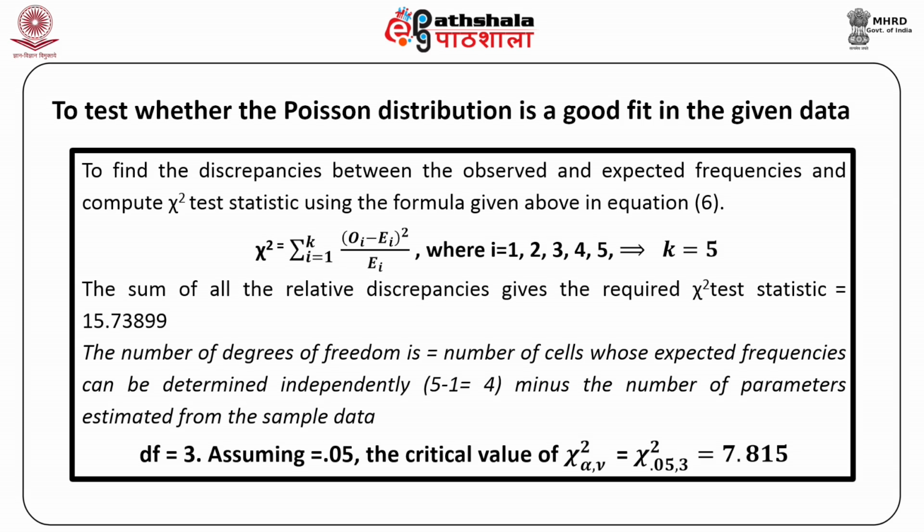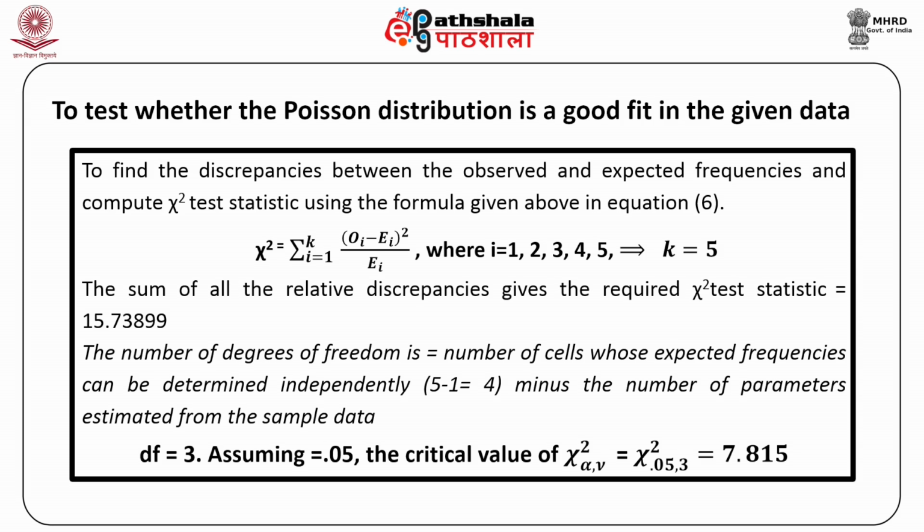So to test whether the Poisson distribution is a good fit for the given data, we need to find the discrepancies between the observed and expected frequencies and compute the chi-square test statistic using the formula given above in our equation 1.